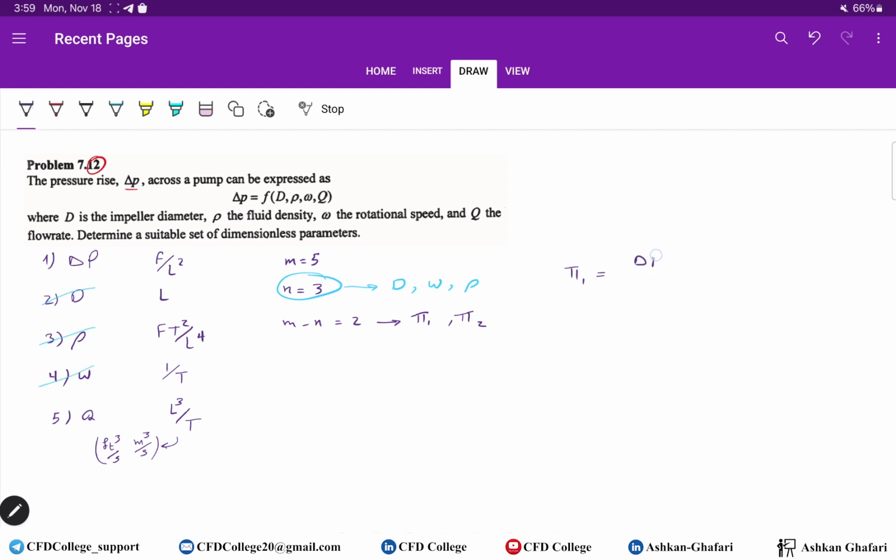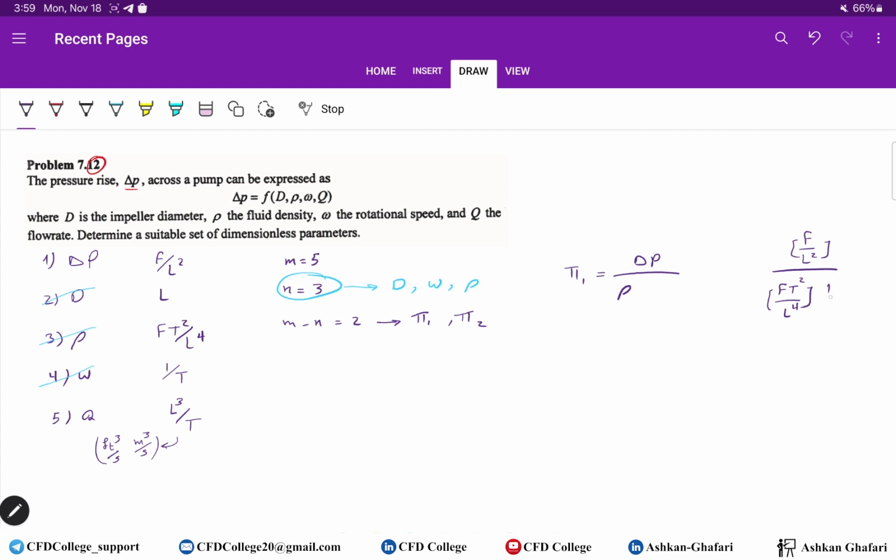Pi 1 equals delta P over, here we have F over L square as the unit. So we should pick rho here, F T square L to the power 4. Now we need to cancel the time.